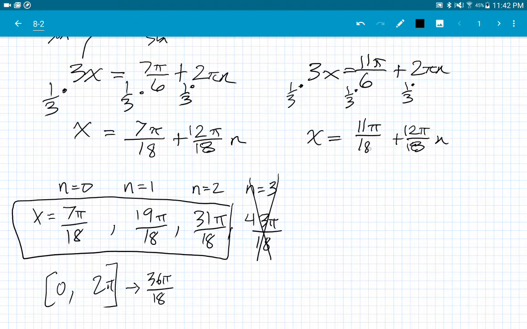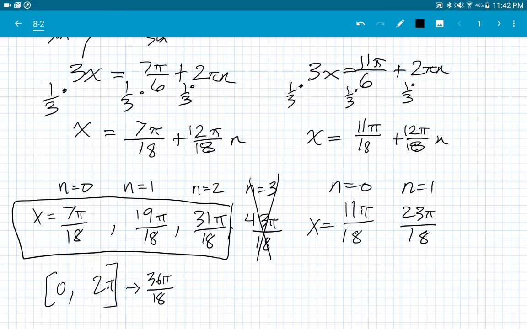When we solve for this, we say, well, n can be 0, so if n is 0, we'd end up just getting this 11 pi over 18. If n were 1, we'd have 12 pi over 18 plus 11 pi over 18. That's going to give us 23 pi over 18. As long as we don't exceed our 36 pi over 18, then we'll be safe.